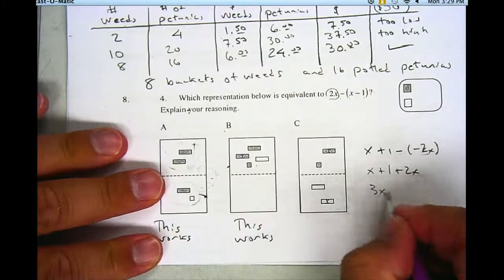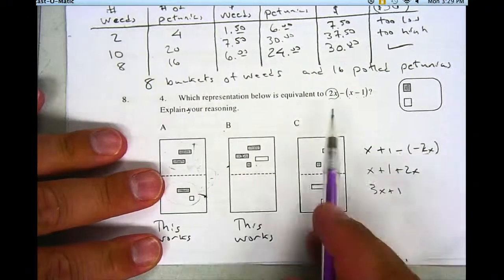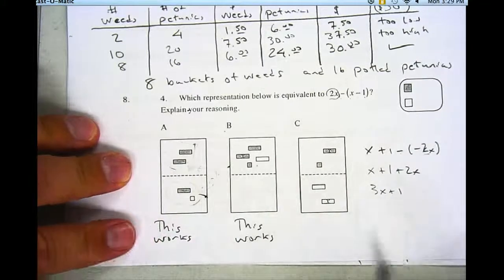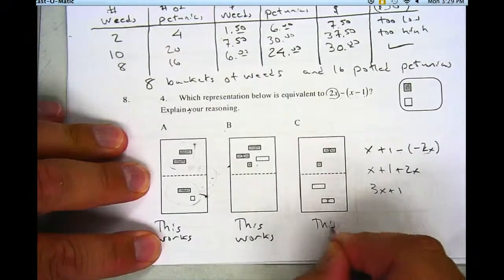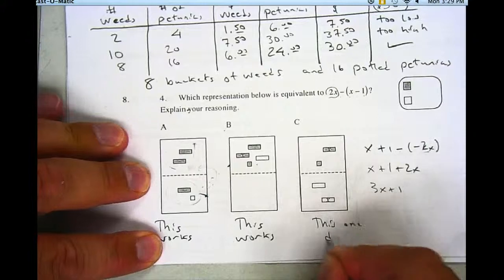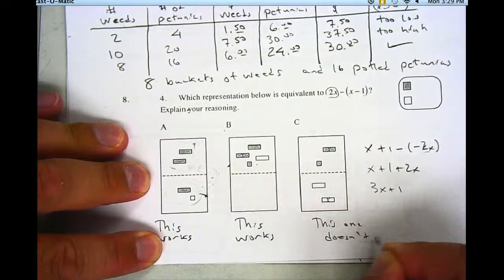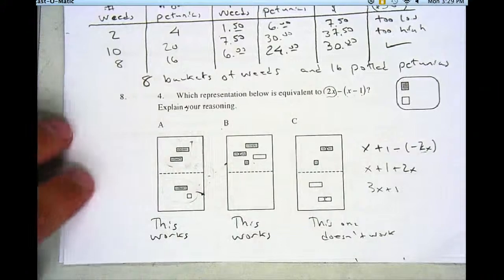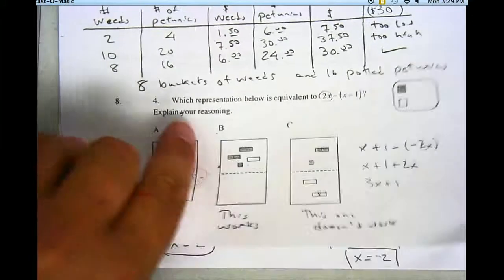So it's really 3x plus 1. And when I have this one up here, it's really x plus 1 is what I should have. So this one doesn't work. And that is number 8 for that. So the first two will work, the last one will not work.